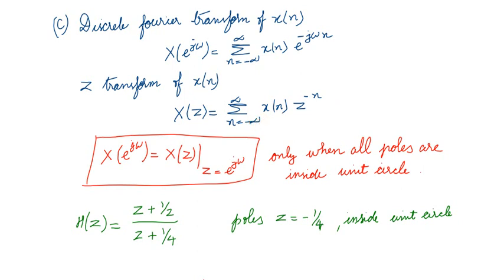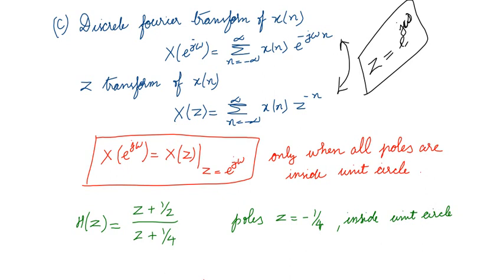If you observe these two expressions closely, we can see the only difference is that in place of z, if I put e power j omega, then these two are equal, or I can say these two are interchangeable. Just put e power j omega in place of z. This is a very important concept. People will ask, what is the relation between the z transform and the discrete Fourier transform?